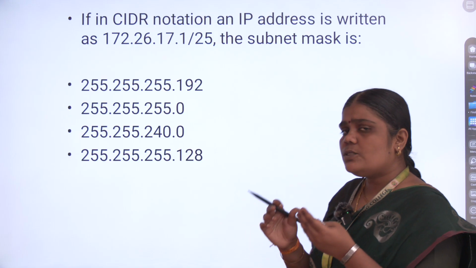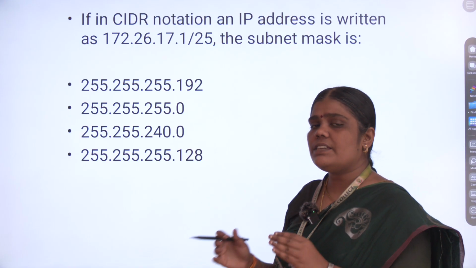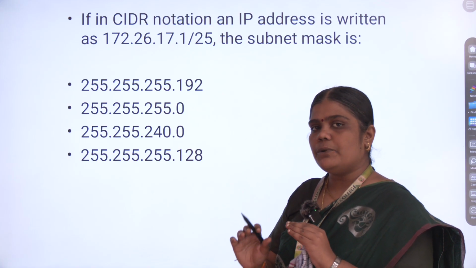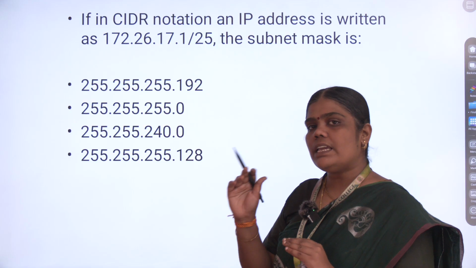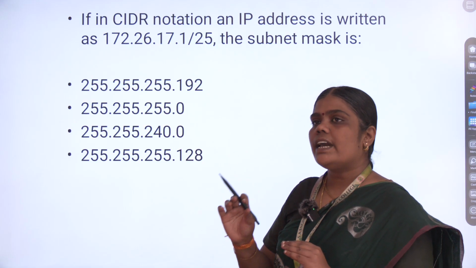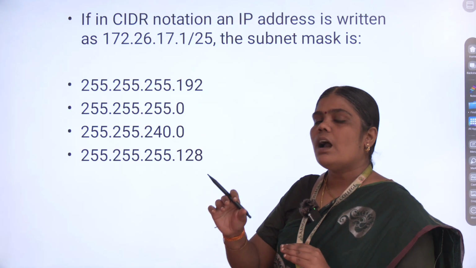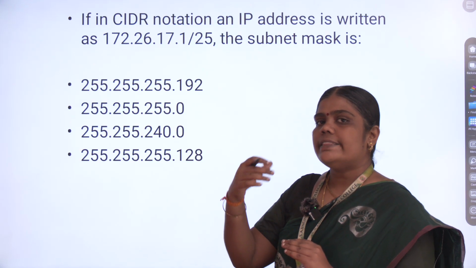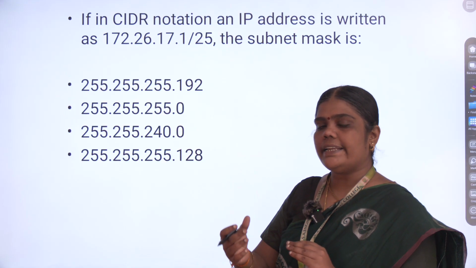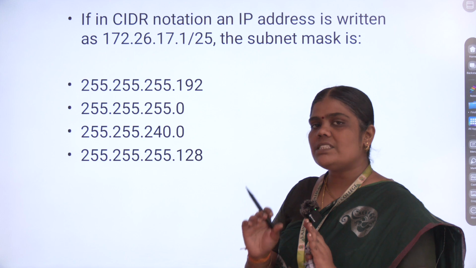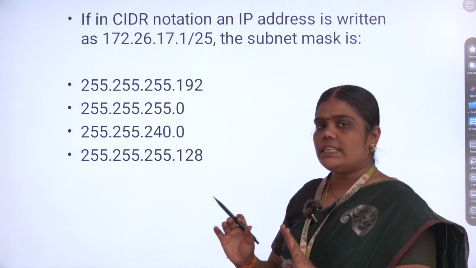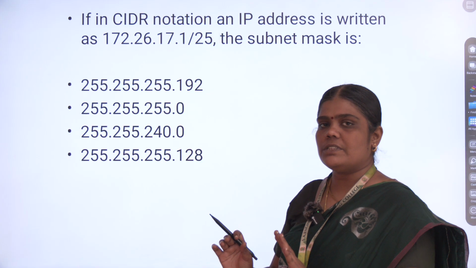So to distinguish between these networks, suppose A person has 10 computers in his house and B person has 2 computers in his house, they are connected to the Airtel network or Vodafone network. Then A has to be allocated space based on the 10 devices, and B has to be allocated some space based upon his requirements.